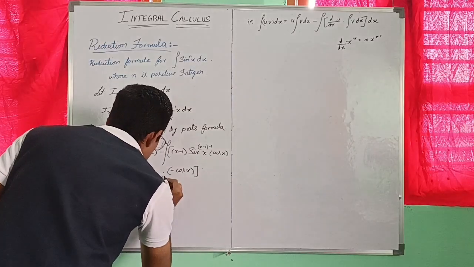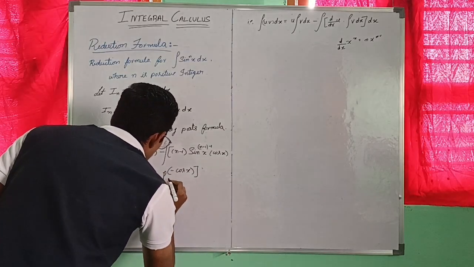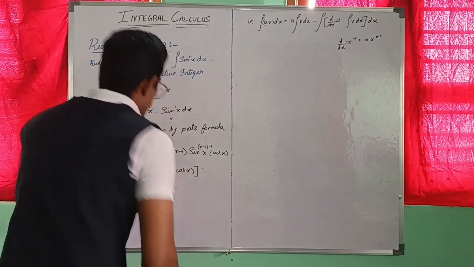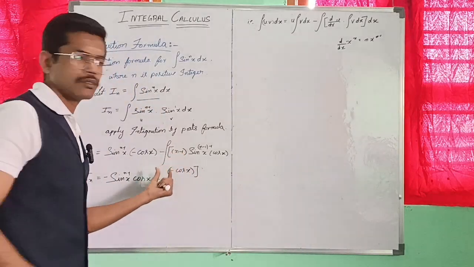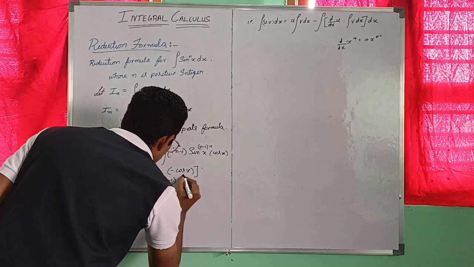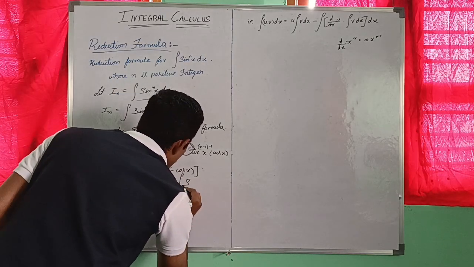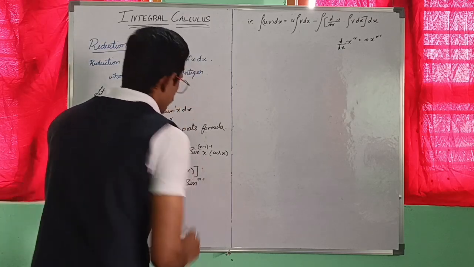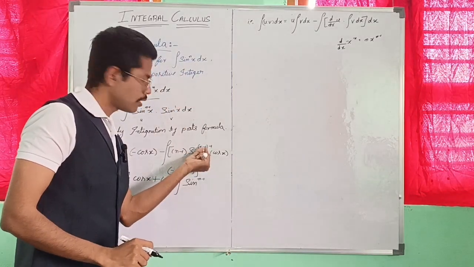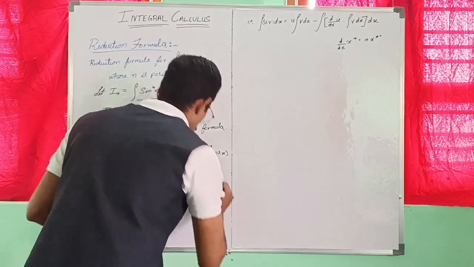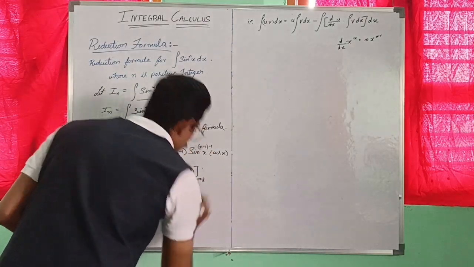So plus n minus 1 outside, and the integration of sine, n minus 1 minus 1 is n minus 2.